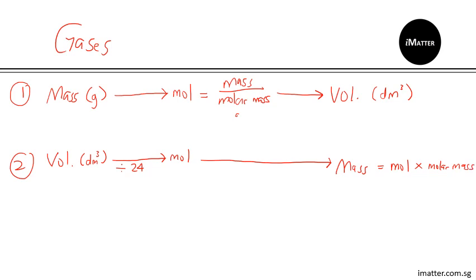Now, I'm very particular about units because using the wrong units will give you the wrong answer. So again, double check, make sure molar mass is in grams, and that will naturally give you your mass in grams as well.